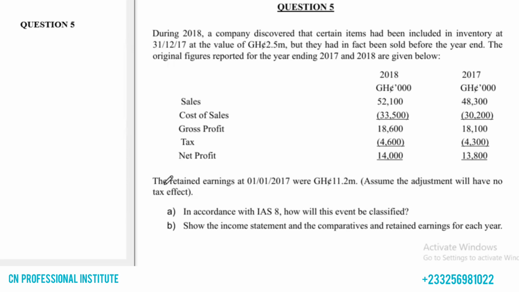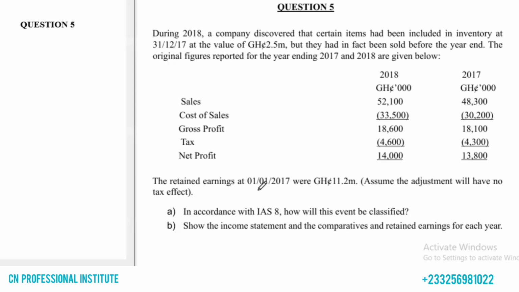The retained earnings on 1st June 2017 were 11.2 million Ghana cedis. Assume the adjustment will have no tax effect. A, in accordance with IAS 8, how will this event be classified? And B, show the income statement and the comparatives and the retained earnings for each year.